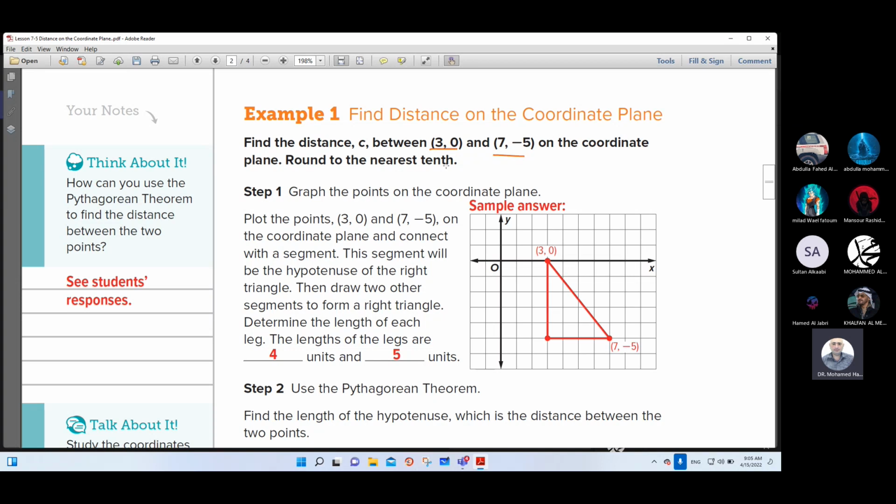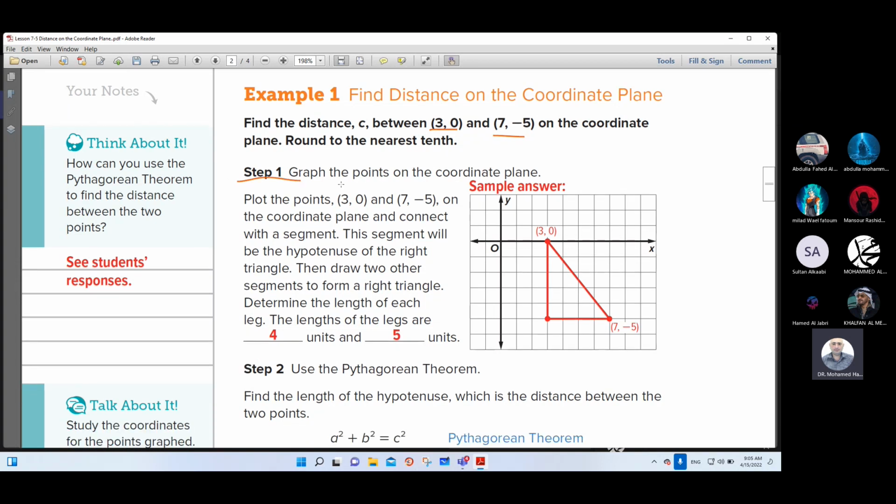So the first step, graph the points on the coordinate plane. Represent the first point, the second point. Plot the points (3, 0) and (7, -5) on the coordinate plane and connect them with a segment.